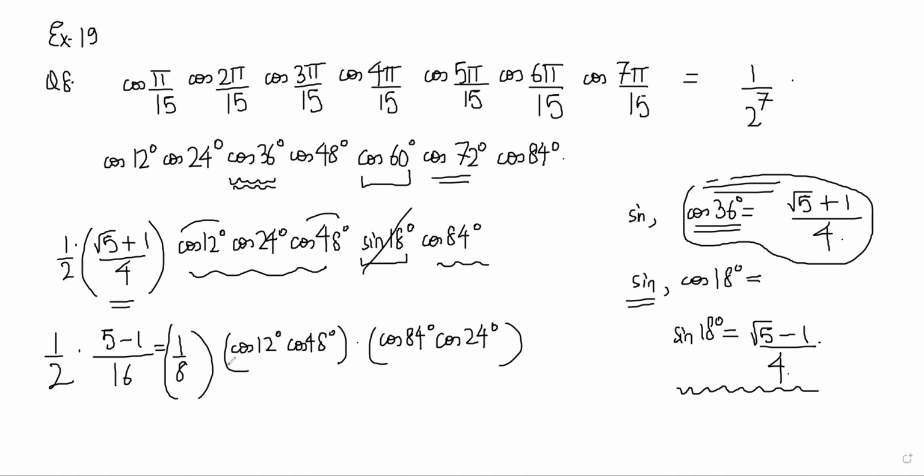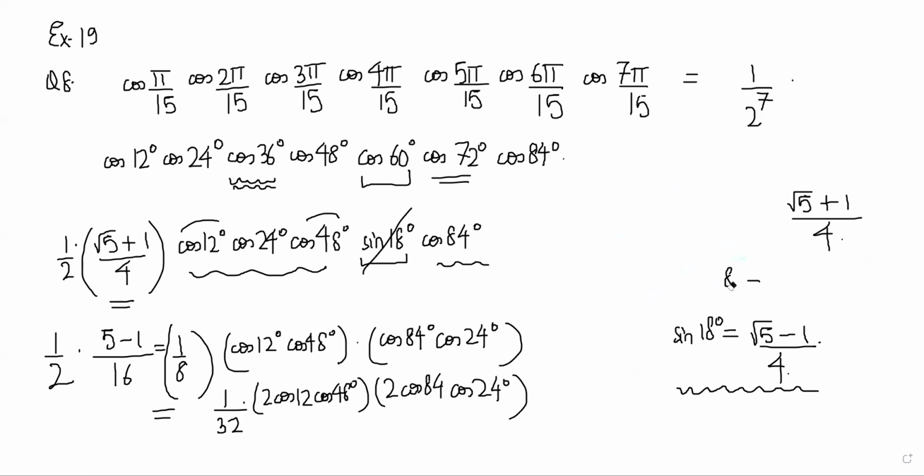And if I multiply by half and take a 2 inside in both, we can expand both, right? So I'll multiply by half, so it will become 1 by 32. And inside I have 2 cos 12 cos 48, and inside I have 2 cos 84 cos 24. Are you understanding what I'm saying? Yes, sir.